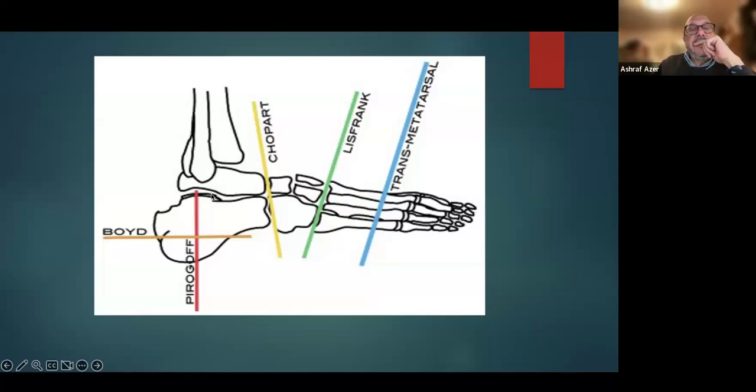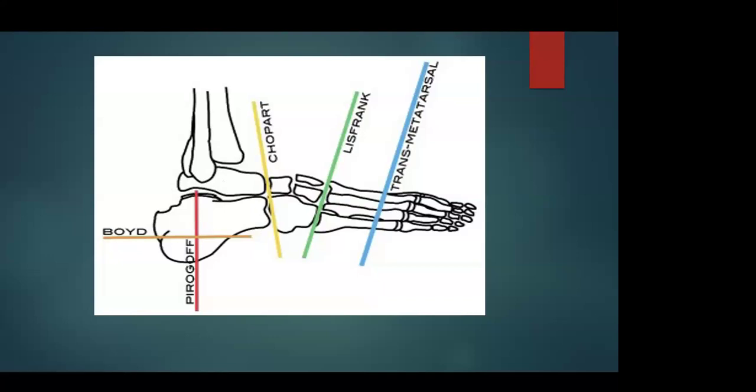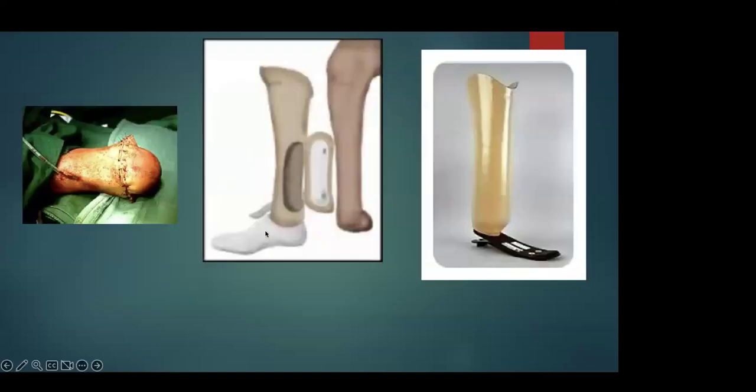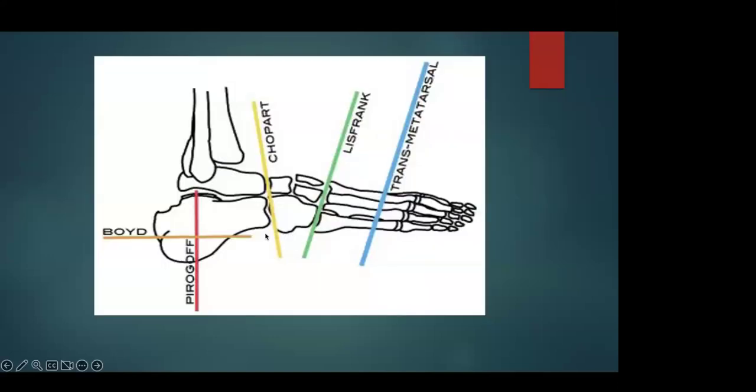Now, do you cut the Achilles tendon? No. How come? Because it will go into equinus if we take off the Achilles tendon. We need it for the balancing. Are you sure? Yeah, it's part of the muscle balancing.